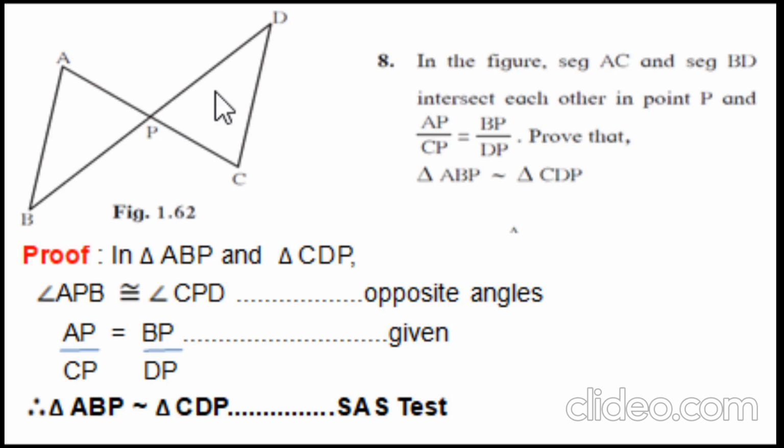So in these two triangles, angle APB is congruent to CPD, opposite angles, and AP upon CP is equal to BP upon DP. It is given. So we get the conditions to prove that these two triangles are similar. So triangle ABP is similar to triangle CDP by SAS test, that is side angle side test.